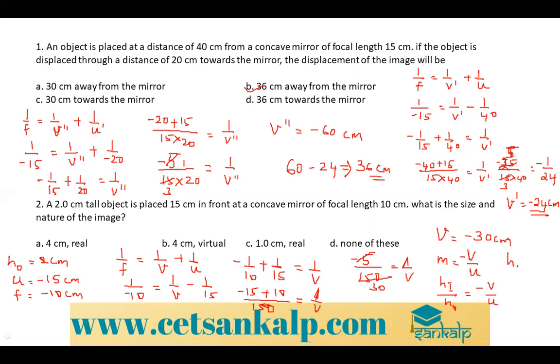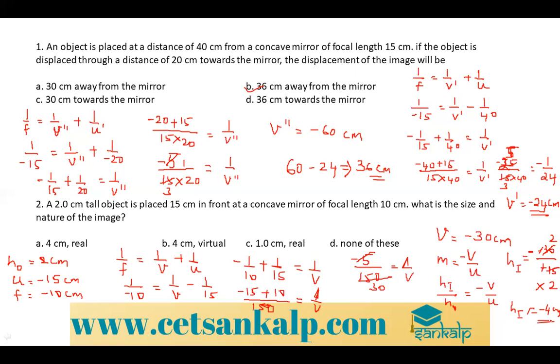So HI is equal to minus of minus 30 divided by minus 15 into HO, that is 2. So 1s are, 2s are, minus minus cancel, 2 2s are 4. So HI is equal to minus 4 centimeter.